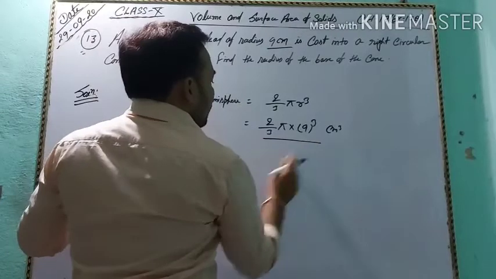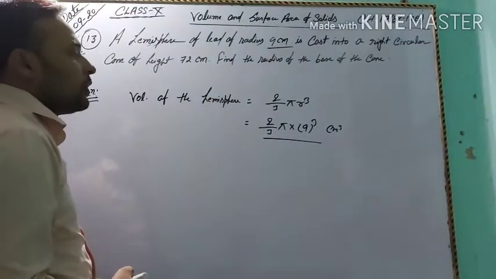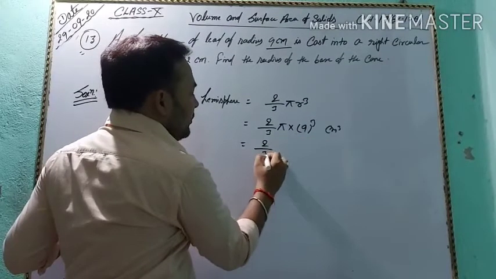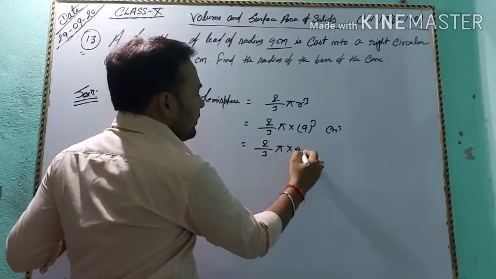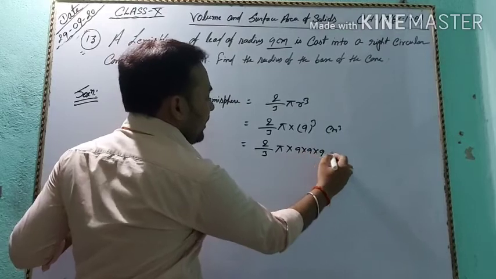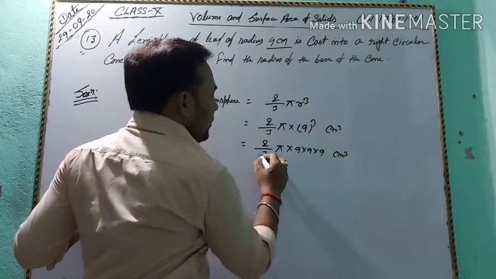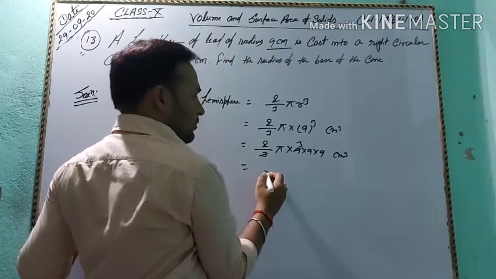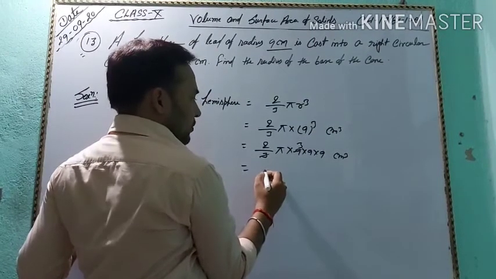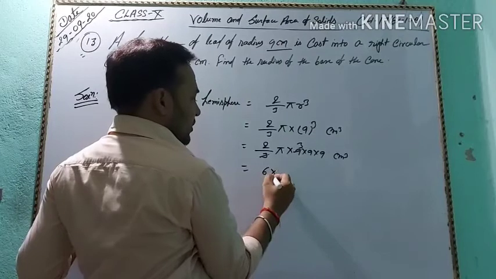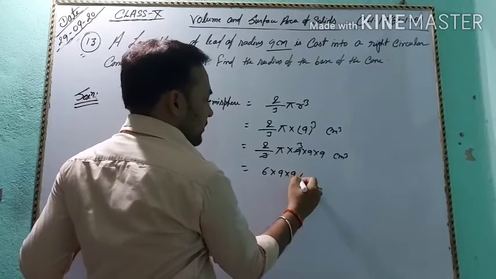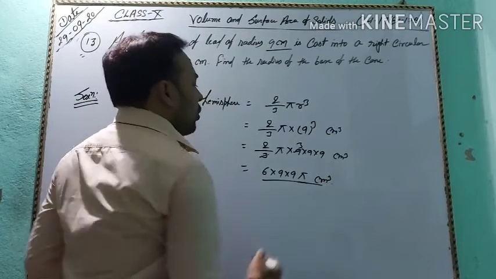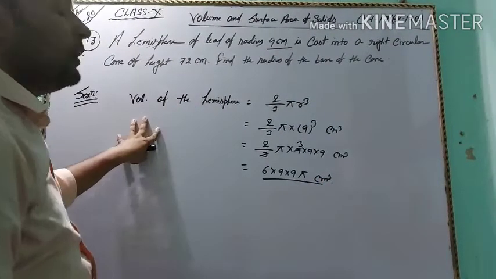So we write 2/3 pi, that's 9 multiply 9 cubic centimeter. 3 3s are 9, that is 6 multiply 9 pi cubic centimeter. This is the volume of the hemisphere.